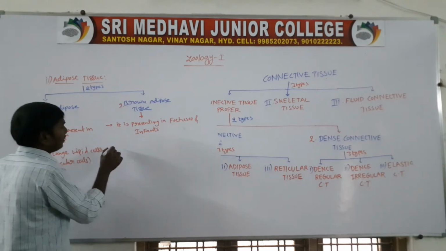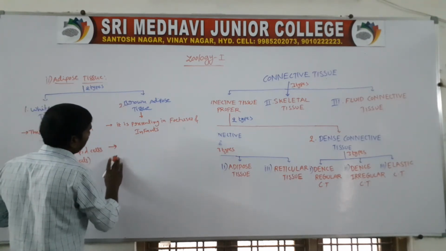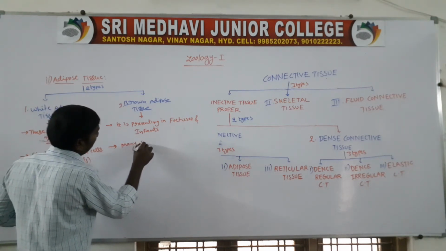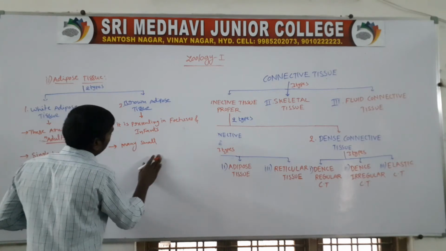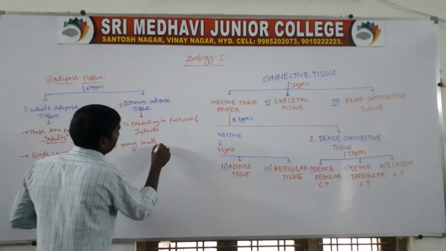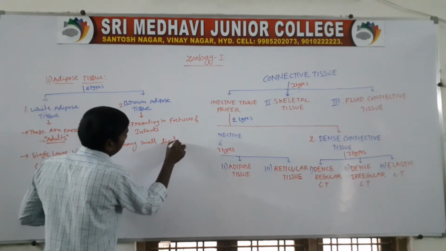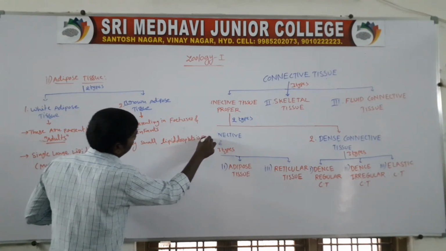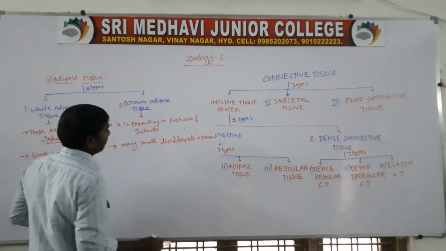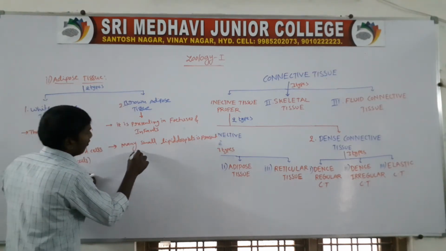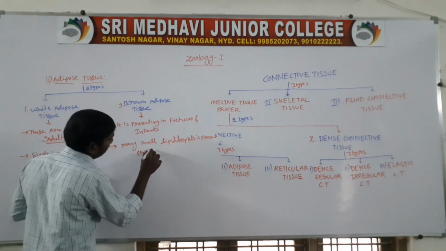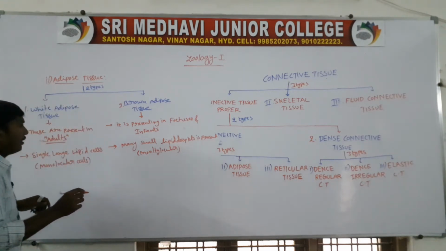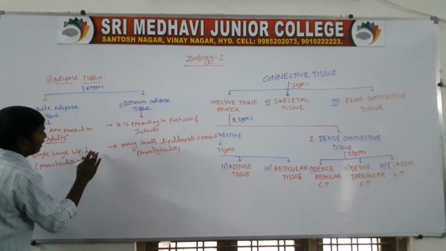The brown adipose tissue has many small lipid droplets present, so they are multilocular.